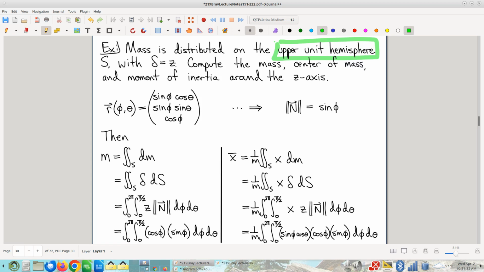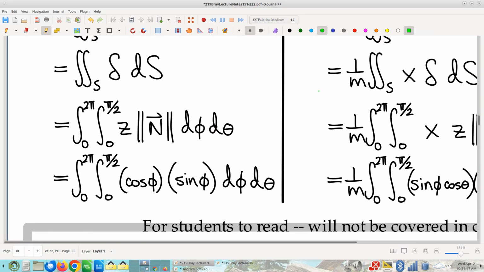Well, if you think about it, even if it's the top half, it does still go all the way around in the theta direction, right? So, theta goes from 0 to 2 pi, and notice we have theta 0 to 2 pi. Right?